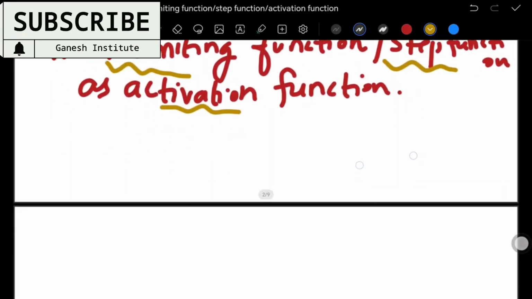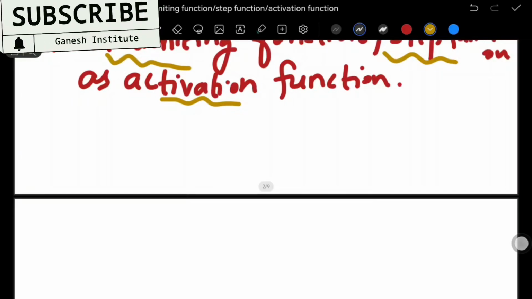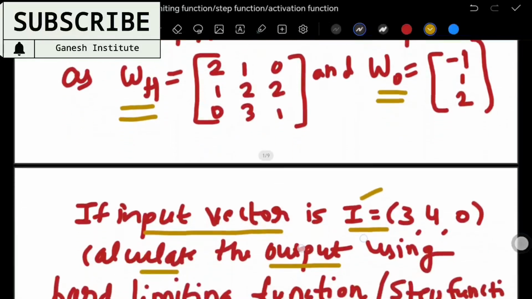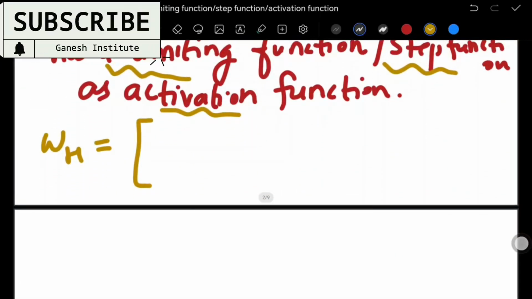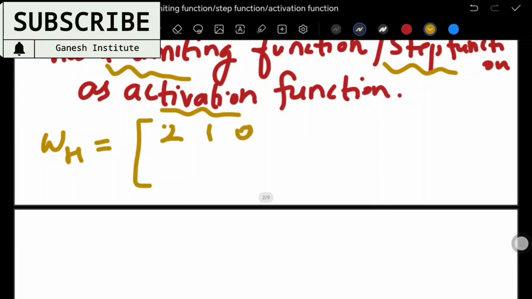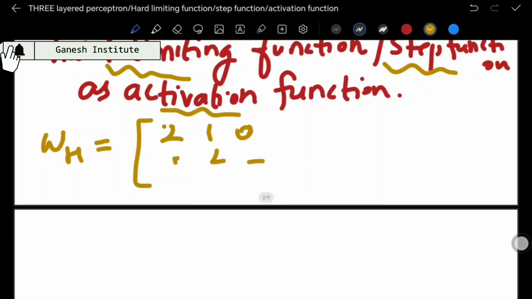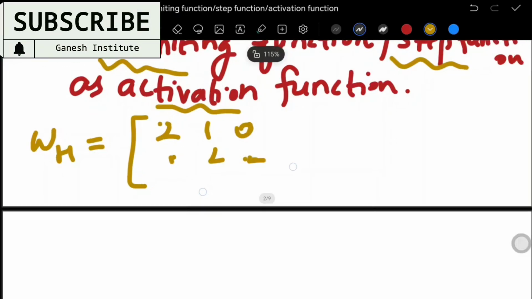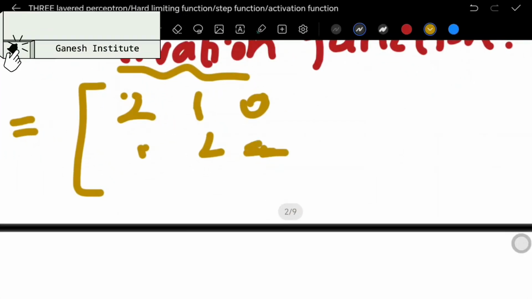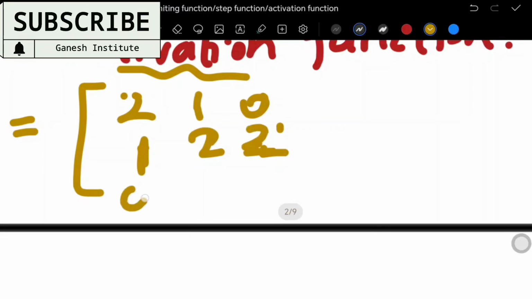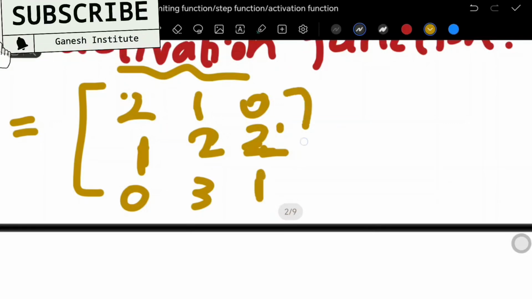What's given to us is a hidden weight matrix, which is 2 1 0, 1 2 2, 0 3 1.